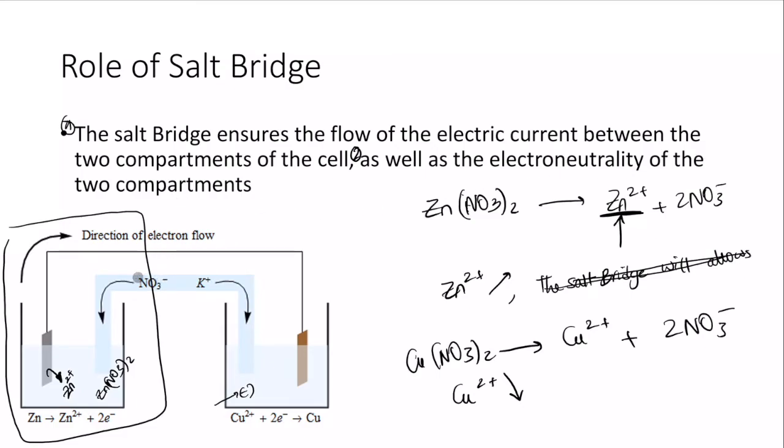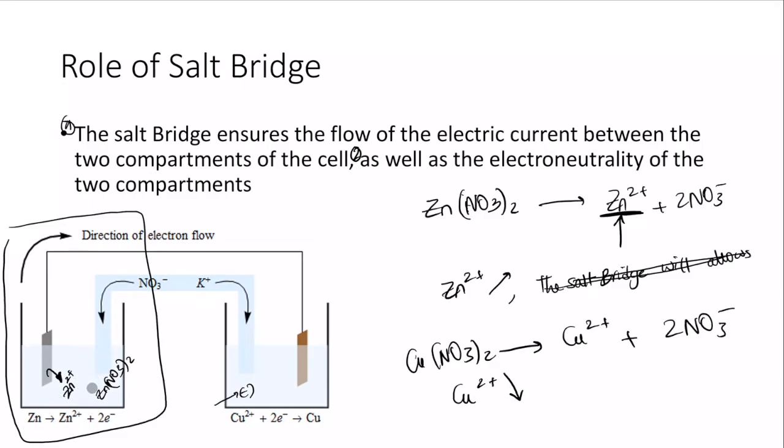It adds NO3 minus to the anode compartment and K plus to the cathode compartment. The anode compartment is becoming positively charged because of the Zn2+ newcomers, since the Zn is being oxidized.